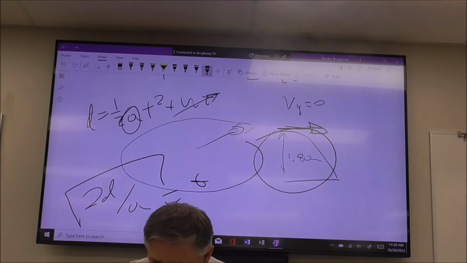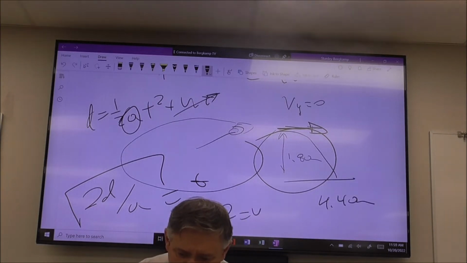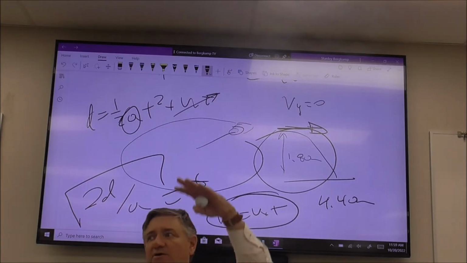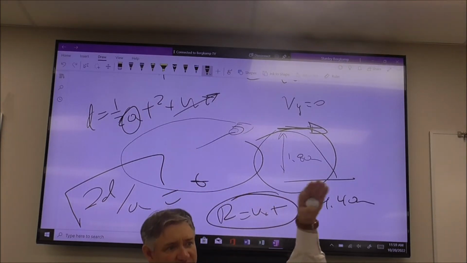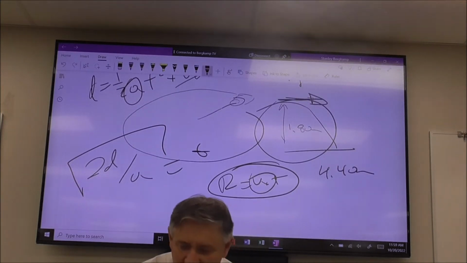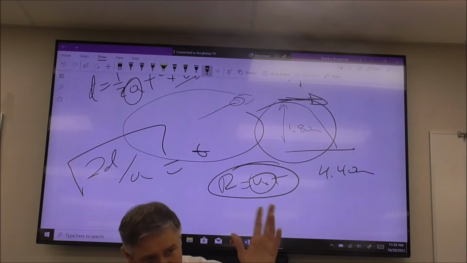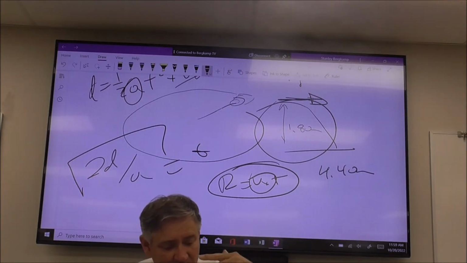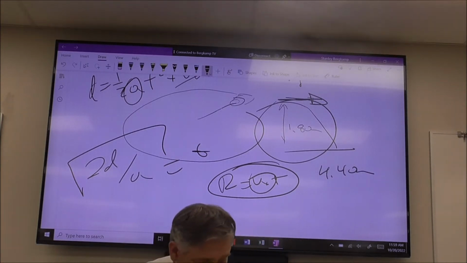So that's going to be your range. And then you know range equals Vx time, okay? So now you know how long it's in the air, you know how far it went, so then you can get that Vx. Your Vx should be around 7 meters per second. And then you can find the centripetal force.